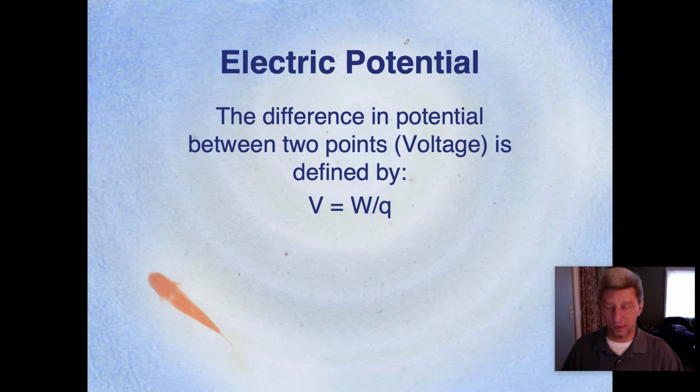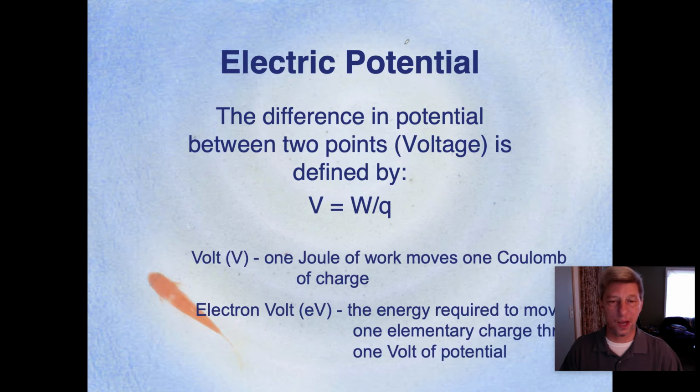Now, 1 joule of work moving 1 coulomb of charge is a volt. All right. Now, this gets a little weird because a volt is the unit of electric potential.